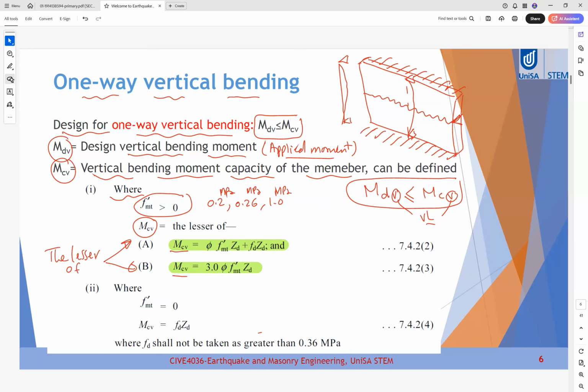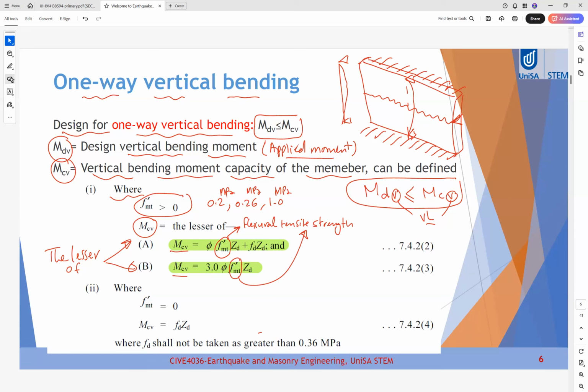Okay, so phi f'mt is the flexure tensile strength we calculated earlier, and the other parameters will be defined now. This only applies if f'mt has a value, because if f'mt doesn't have a value, the formulas are not applicable.